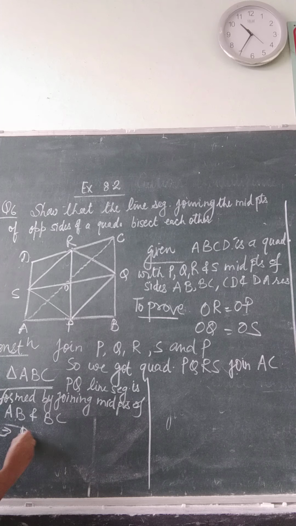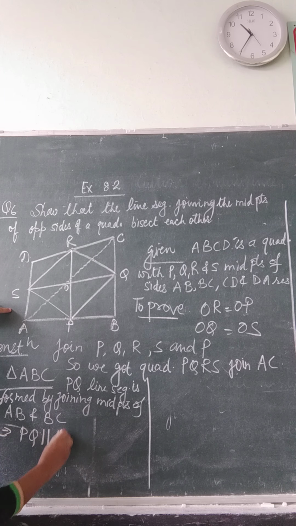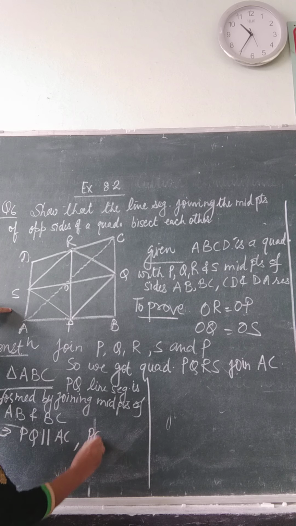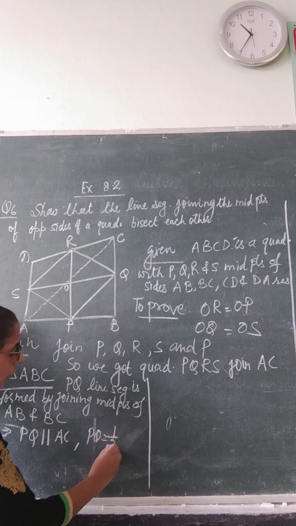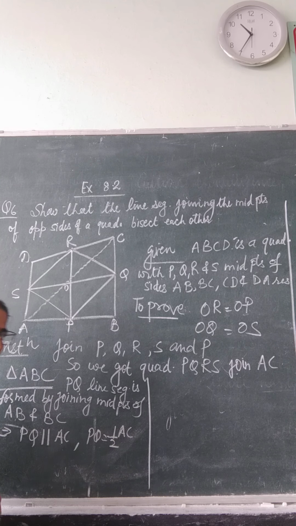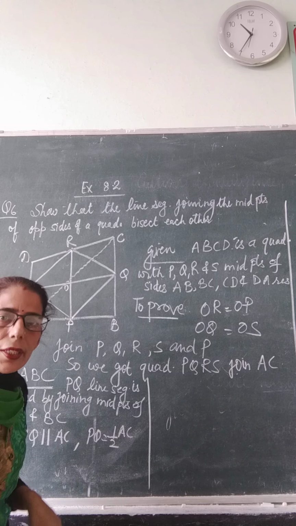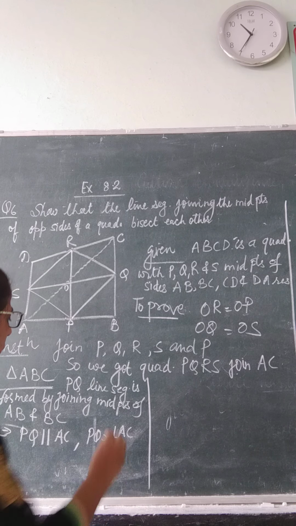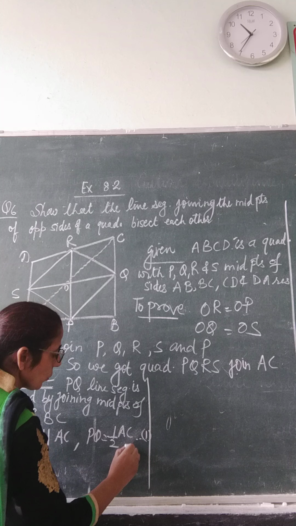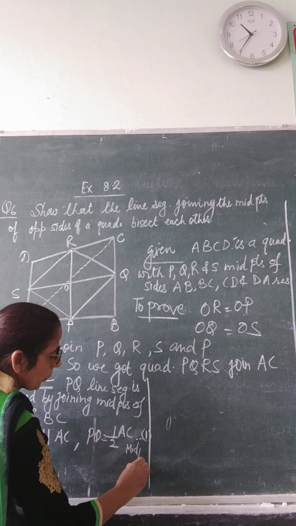Therefore, PQ is parallel to AC and PQ is equal to half of AC. Tell me what is the reason for it? Its reason is by midpoint theorem, right? This is equation 1 by midpoint theorem.